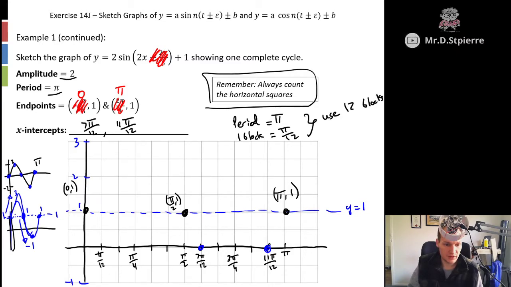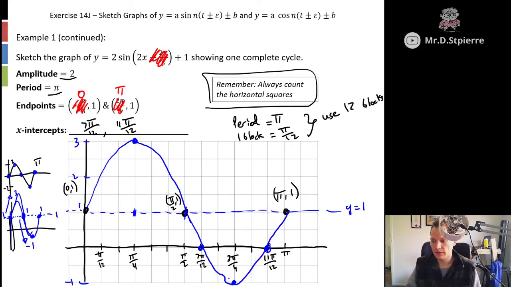And from this little sketch, we know halfway, so there's the halfway point. So at the quarter point, we'll be at our peak for a sine graph. And then at the 3/4 point, we have our trough. Like that. And there's our graph.